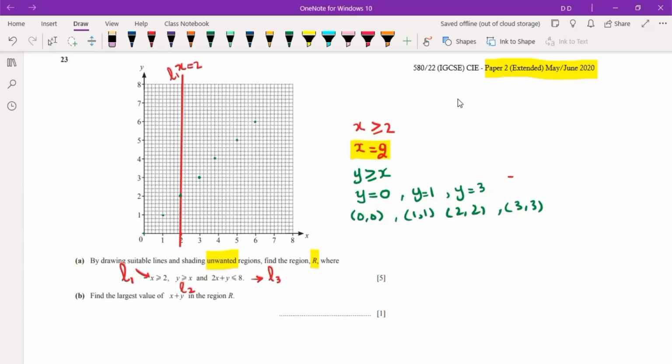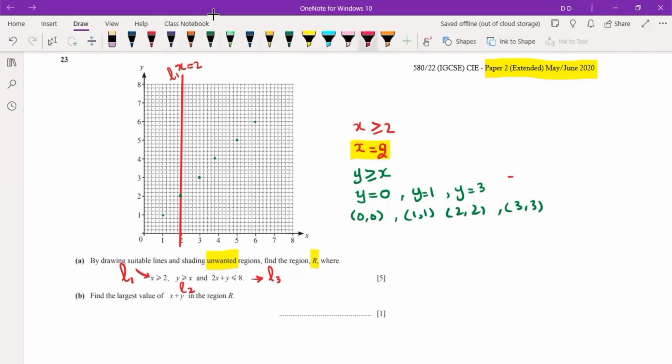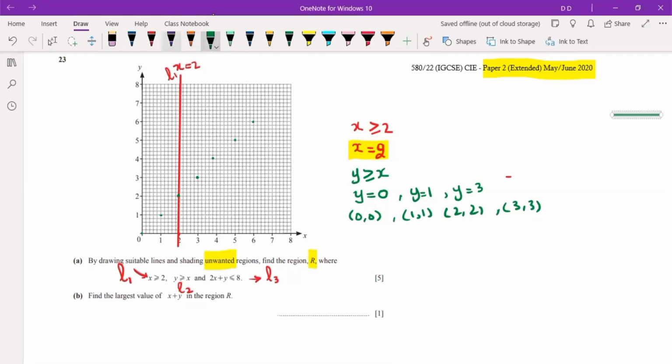Before drawing the line, we need to focus on one point I forgot to explain previously: which type of line we need to draw. Here you can see x was greater than or equal to 2. The greater than sign tells us the direction, and the equals sign tells us the line will be a solid line.